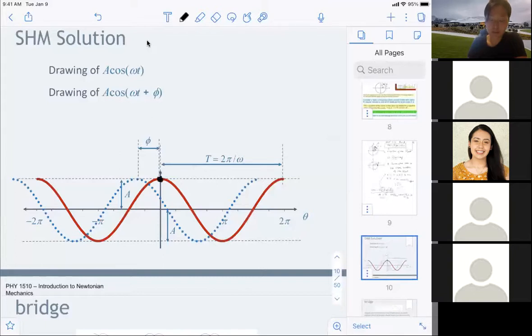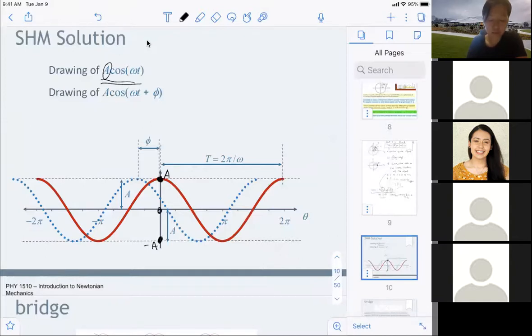And the amplitude would be A. So A tells you where the peak value is. From here to here, that is A, and this is negative A. So draw A cosine omega t. We know how to do it. The period is given by 2 pi over omega. So omega is simply telling us the time it takes for one oscillation.